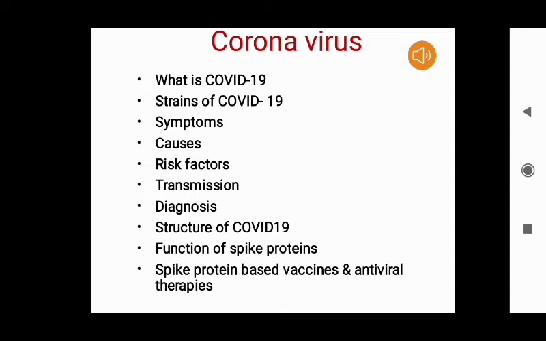Its causes, risk factors, how transmission occurs, and the diagnosis, structure of the COVID-19, function of spike proteins, the proteins which are the most important in COVID-19, and finally spike proteins, basic vaccines and antiviral therapies.